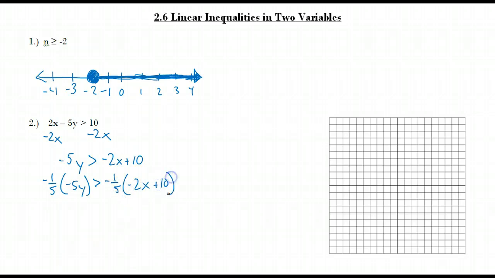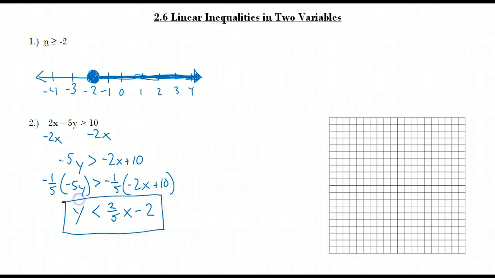Now when I multiply both sides by -1/5, I need to flip my sign. So I'm left with y is less than +2/5 x minus 2. Now if you look, by solving for y, I've switched my inequality into slope-intercept form.